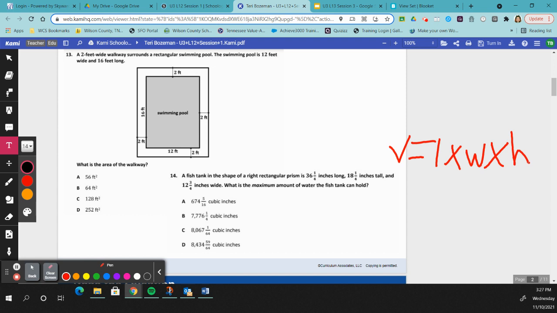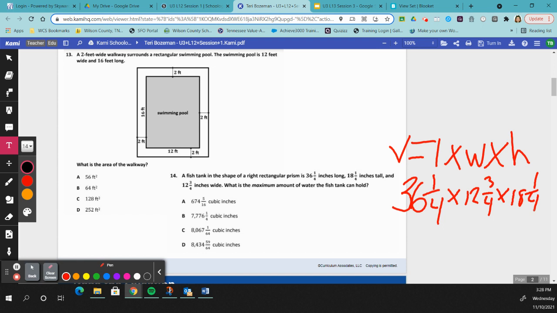And when we do this, we have a length of 36 and 1/4 times a width of 12 3/4 times 18 1/4.